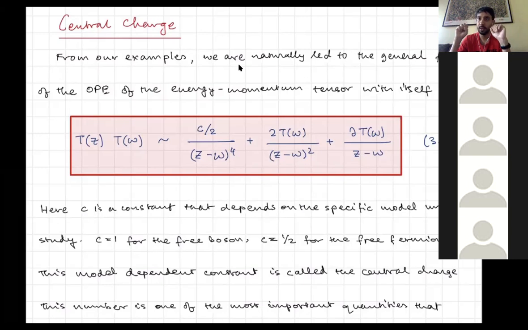It's also linked up with the fact that the symmetry algebra underlying a CFT is actually these two commuting copies of the Virasoro algebra. We will see how these are linked up. So the T with T bar OPE is always going to be 0.